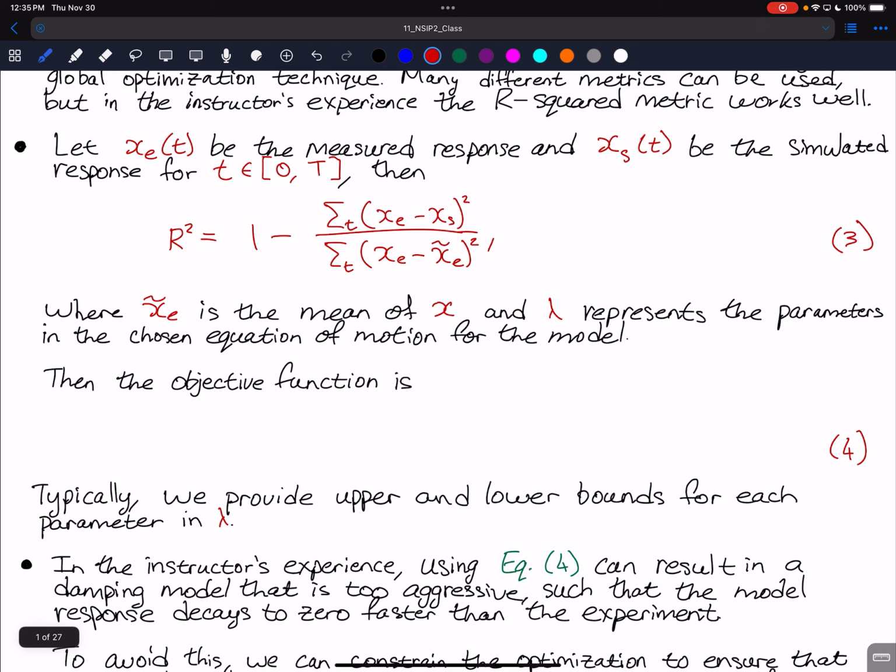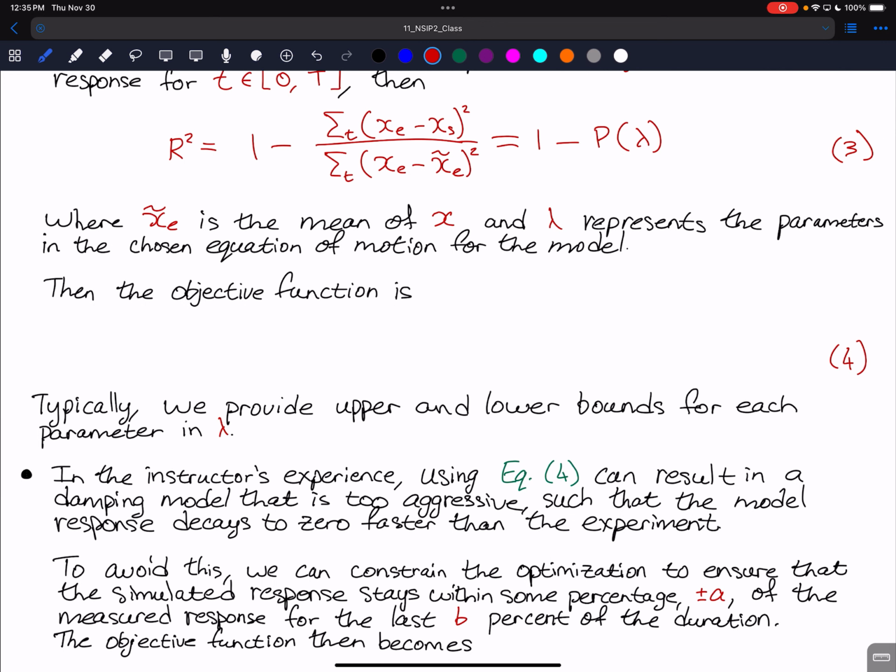Okay, so in this case, let's simplify this R squared, and let's call it 1 minus P. And here P will be some function of lambda, and lambda just represents whatever the parameters are in the equation of motion you're trying to model. Then we can write our objective function as: we want to minimize the value P, where lambda lives in some subset of the real numbers R^n, assuming that you were using real valued equations.